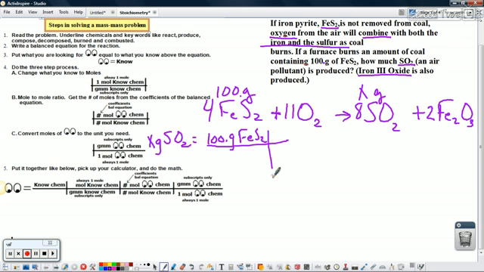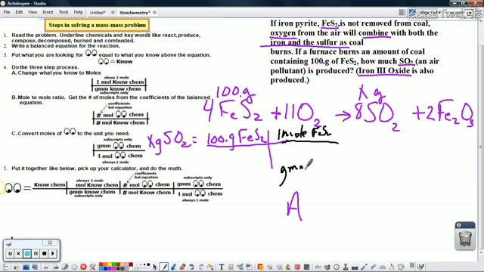The A step is to change what you know to moles. Since it's not moles, I've got to do the A step. I'm always going to put 1 mole up here of FeS2. Now I have to put the GMM down here.